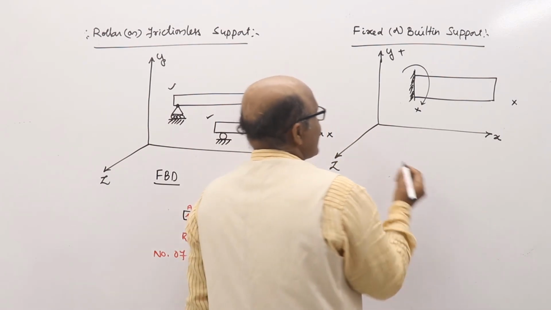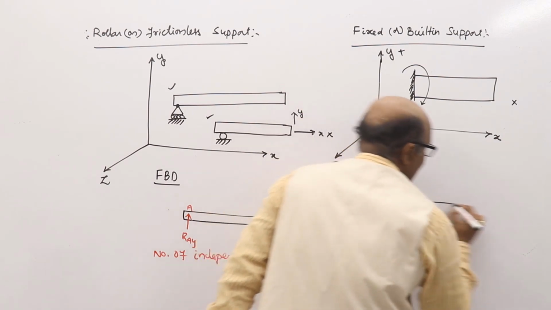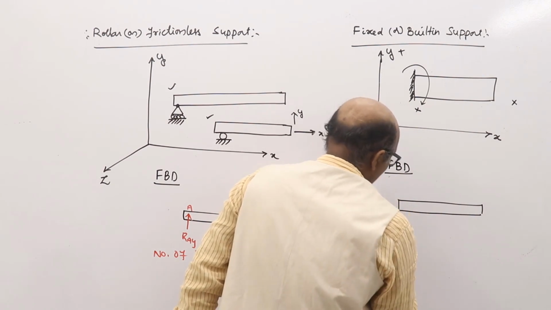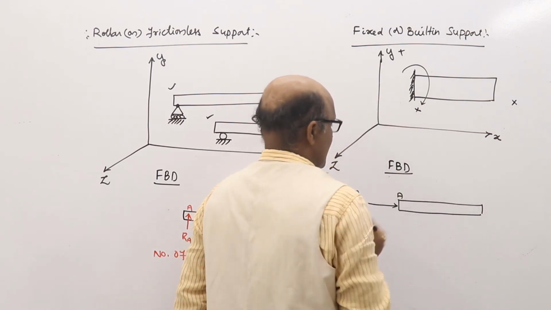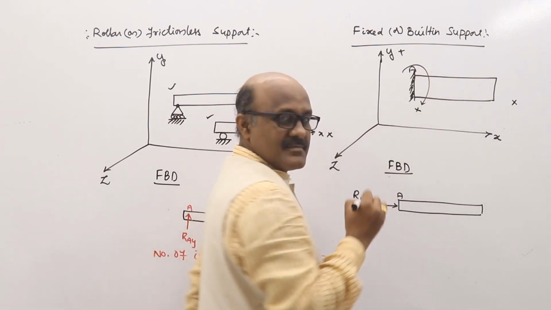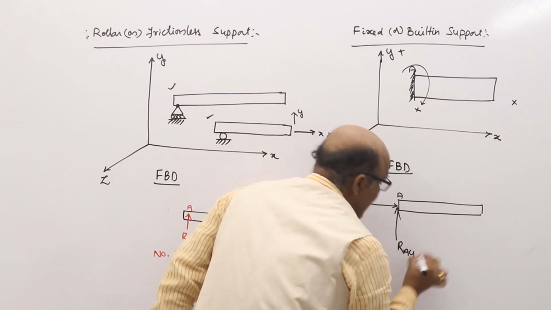So see, we are drawing the free body diagram for this. Here motion is prevented in the x-axis direction. This is a point, my dear students. This is RAX. Motion is prevented in the y-axis direction. This is RAY.